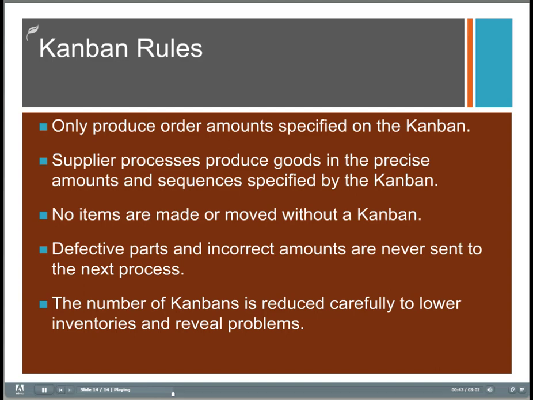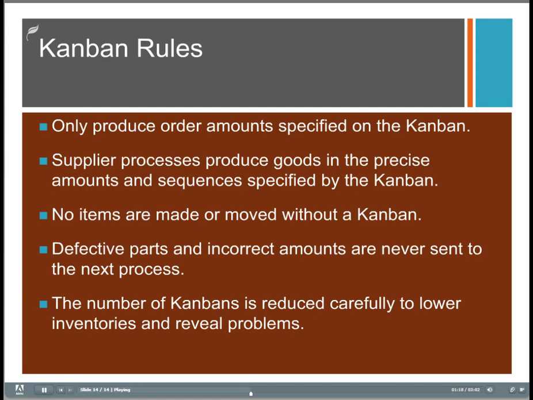But also it extends to wanting to not produce defective parts because that can mess up our counts. And we only want to produce what we're going to fill for an order. So it's important that we watch our correct amounts and that we only ship what the order calls for from one step to the next in the process. Now this can be problematic because you don't want to not be able to fill an order because of an excessive amount of scrap.